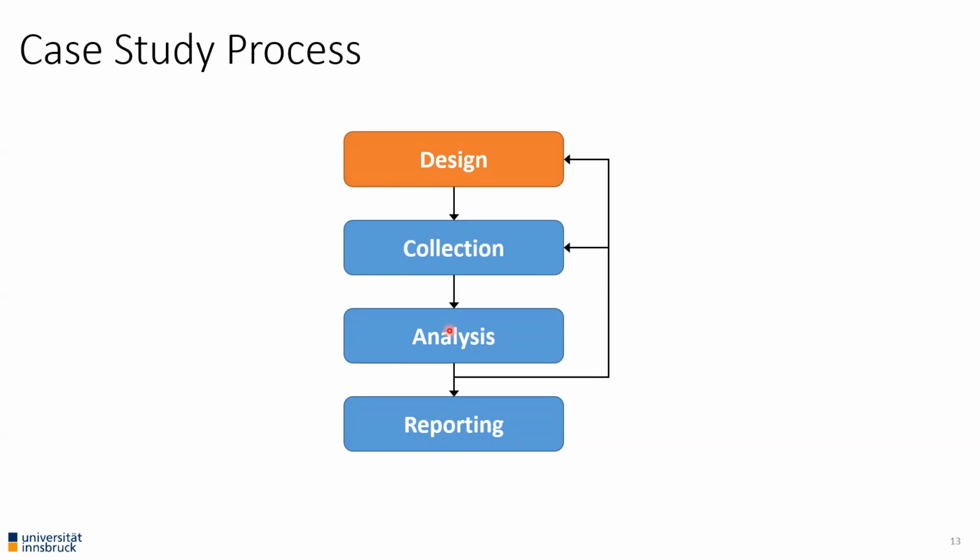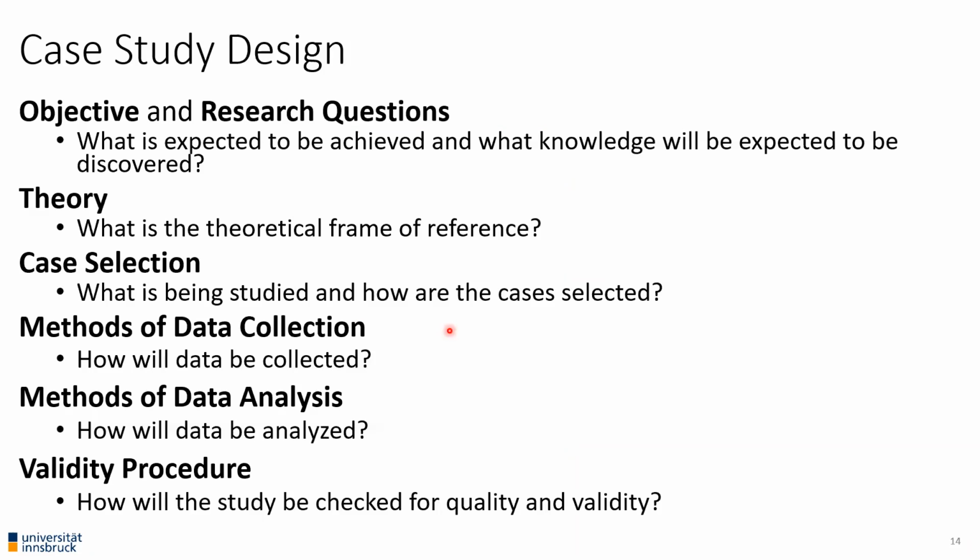Okay, let's start with design. So when you design a case study, then you have to take several aspects into account. For sure, as in all empirical studies, you need to define at least an objective and clear research questions that help you to figure out what you want to achieve, what knowledge you want to gain, and what you actually want to discover.